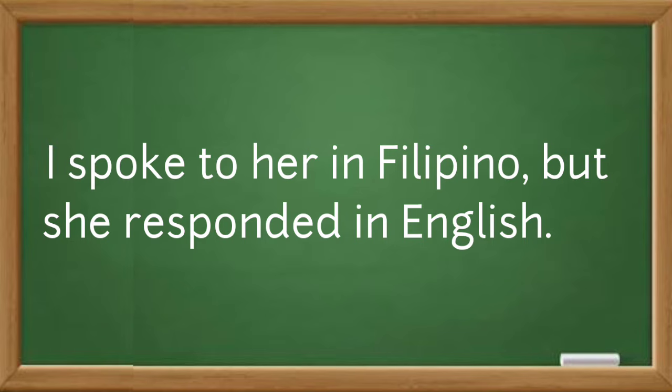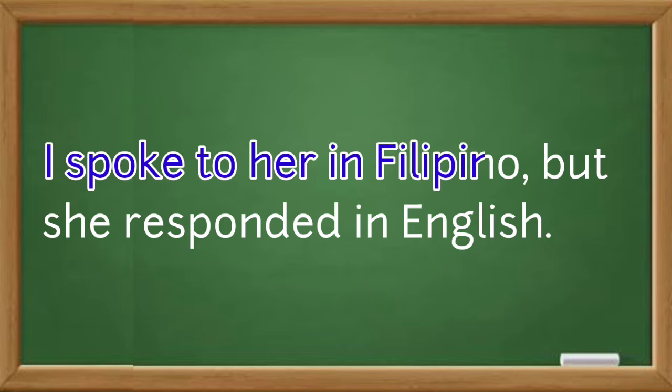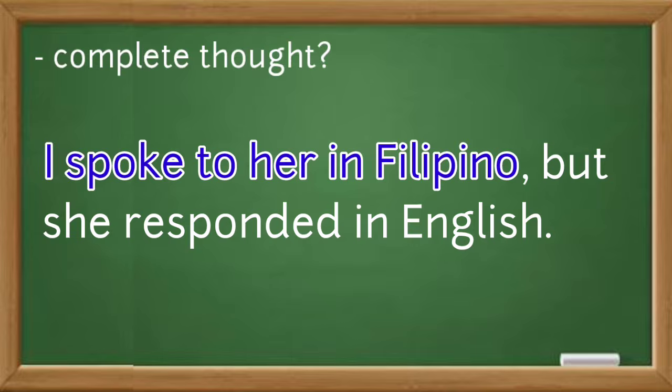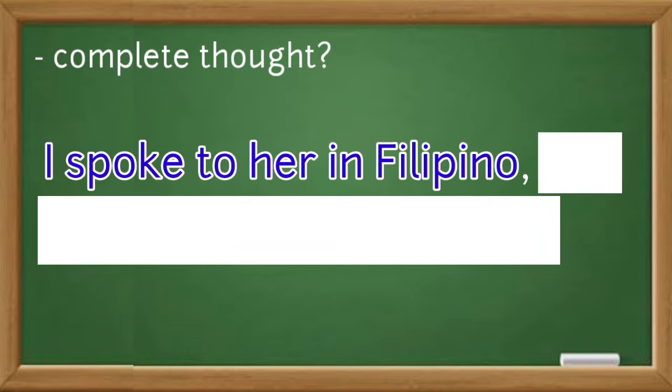I spoke to her in Filipino, but she responded in English. Now, let us examine this sentence. What do you think are the two independent clauses in this sentence? The first independent clause is I spoke to her in Filipino. Why? Do you think it expresses a complete thought or can stand by itself, even if the other words in the sentence are no longer included?